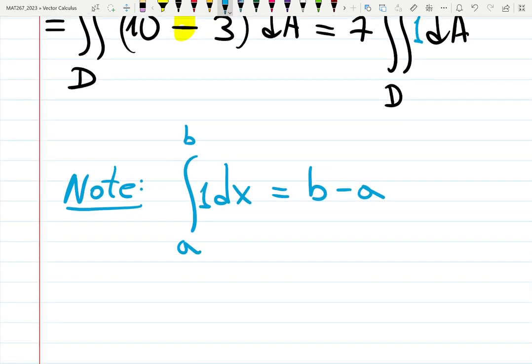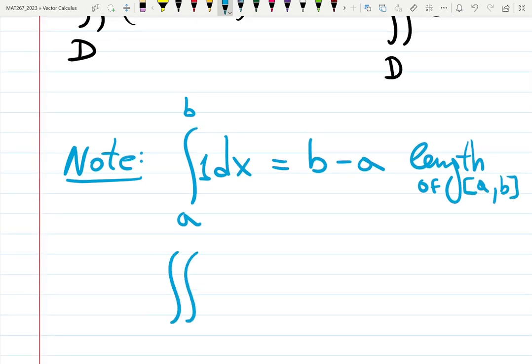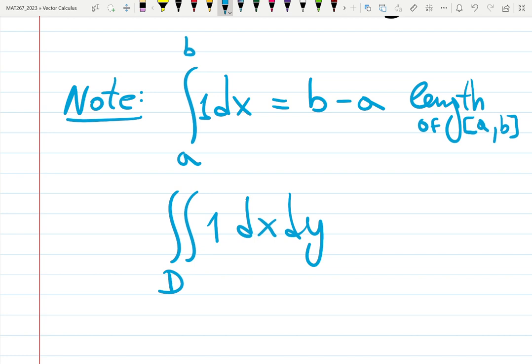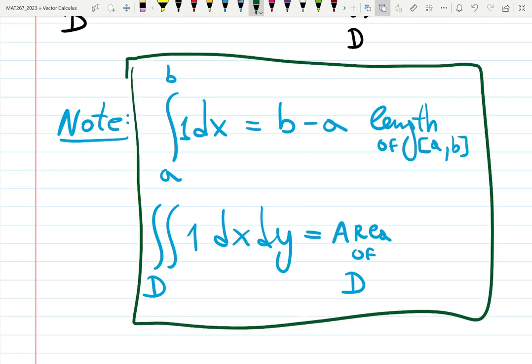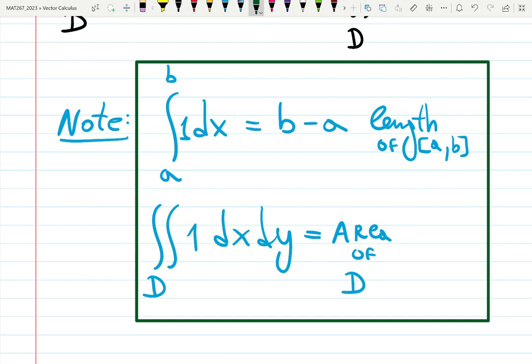It gives you the length of the interval AB, and it's B minus A. Well, if it's a double integral, guess what it gives you over D? It gives you the area of D. So of course it increases the dimension. A triple integral gives you what? Volume, right? We actually had the formula. The triple integral of 1 dx dy dz gave us a sphere at some point.